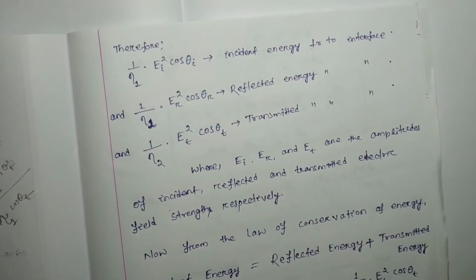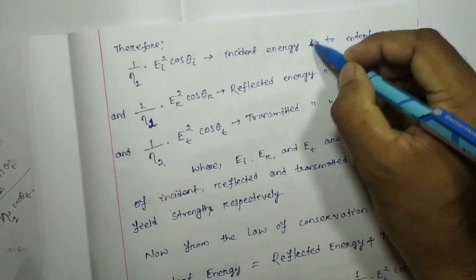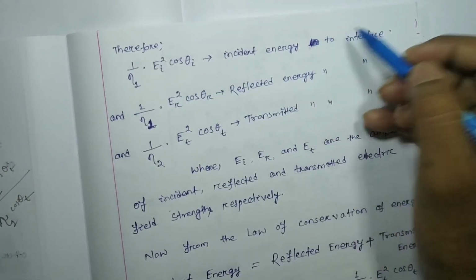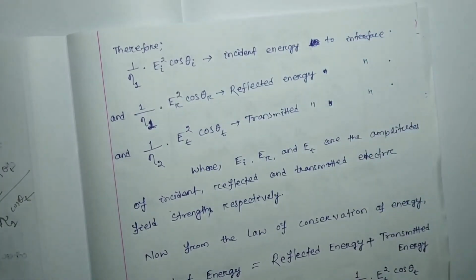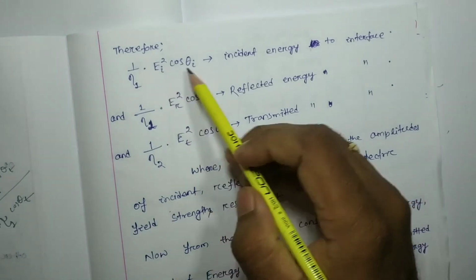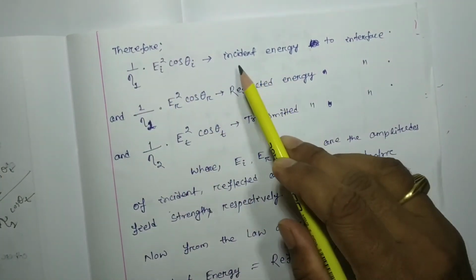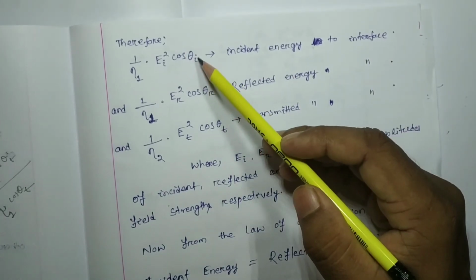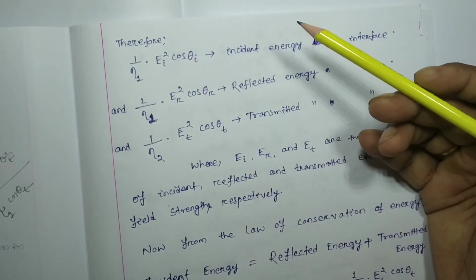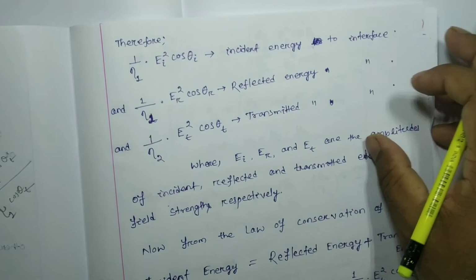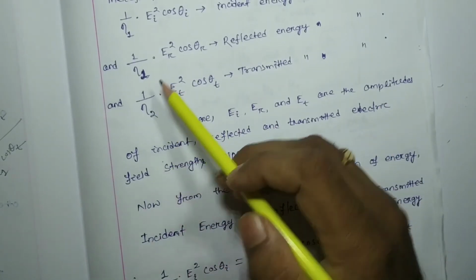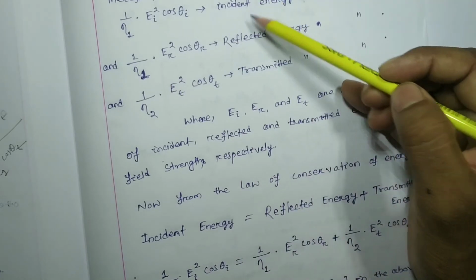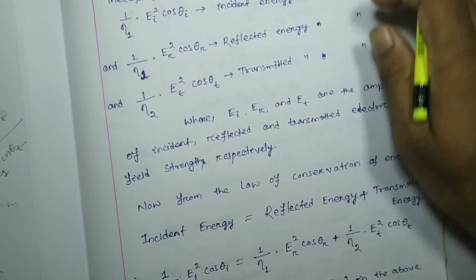So no need to write perpendicular to the interface, because if theta I equals 0, then it will be perpendicular to the interface. So in general we can write this factor, which is nothing but the incident energy to the interface. As theta I changes, the incident energy magnitude is going to change. This will be 1 by eta 1, because incident and reflected waves are both in the same medium.